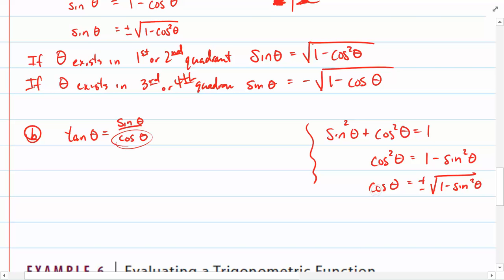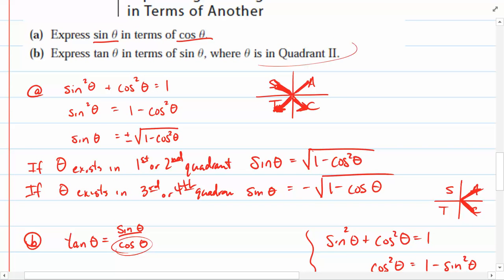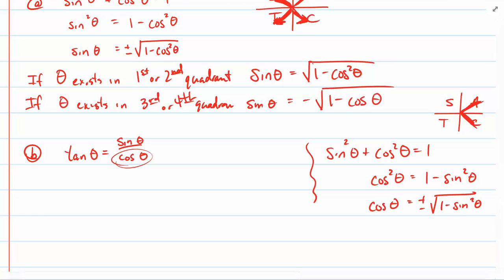So the question becomes, when is cosine of theta positive and when is it negative? Well, let's go back to that diagram here. All students take calculus. So cosine would be positive in the first quadrant. Cosine would be positive in the fourth quadrant. Since we were told that our theta value is actually in quadrant 2, then I know cosine must be the negative version of this definition.